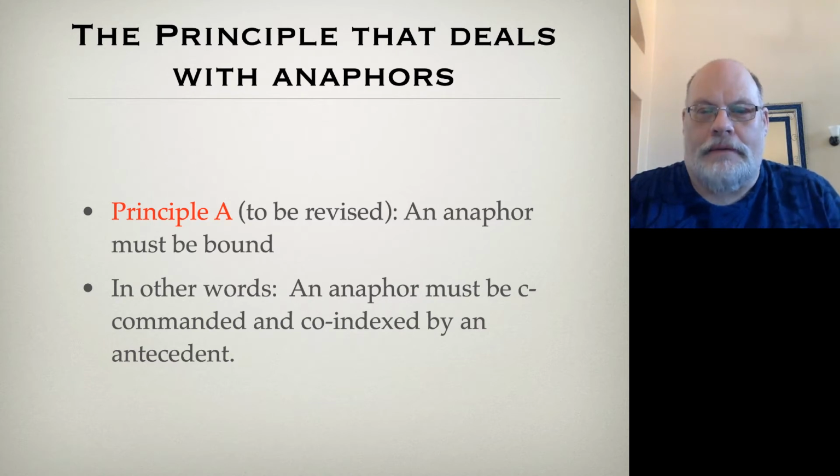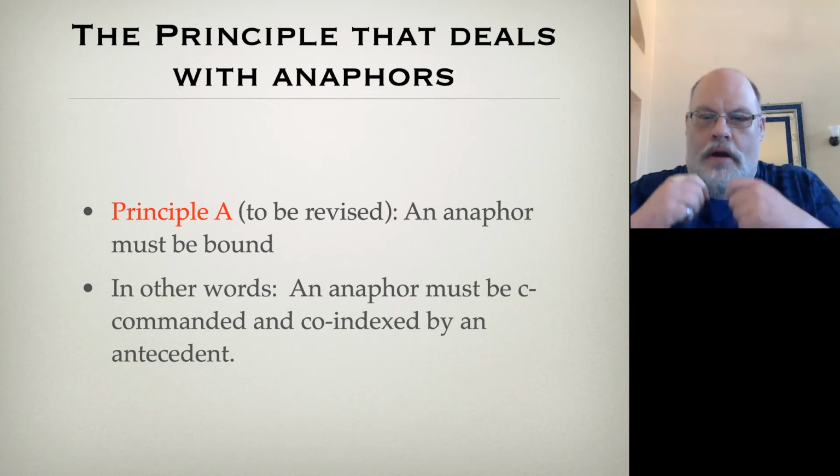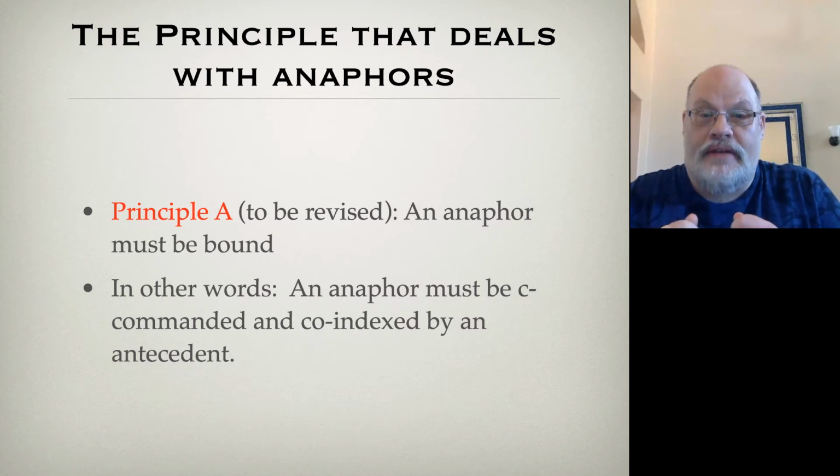Now what does that mean? That means noun phrases that are marked with self or are plus anaphor must find an antecedent with which they are co-indexed and which C commands them.